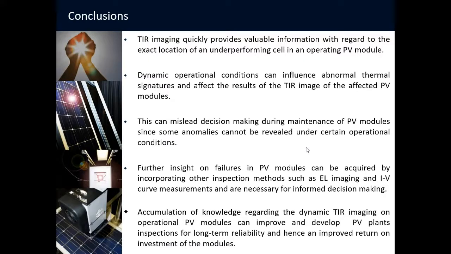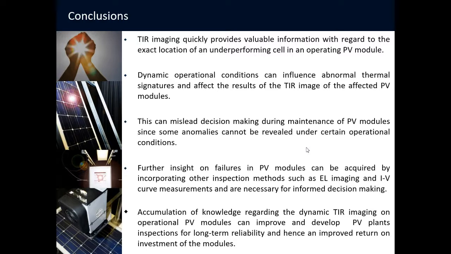So further insight of failures in PV modules can be acquired by incorporating other inspection methods such as EL imaging and IV measurements. The other testing techniques are actually necessary for informed decision making.